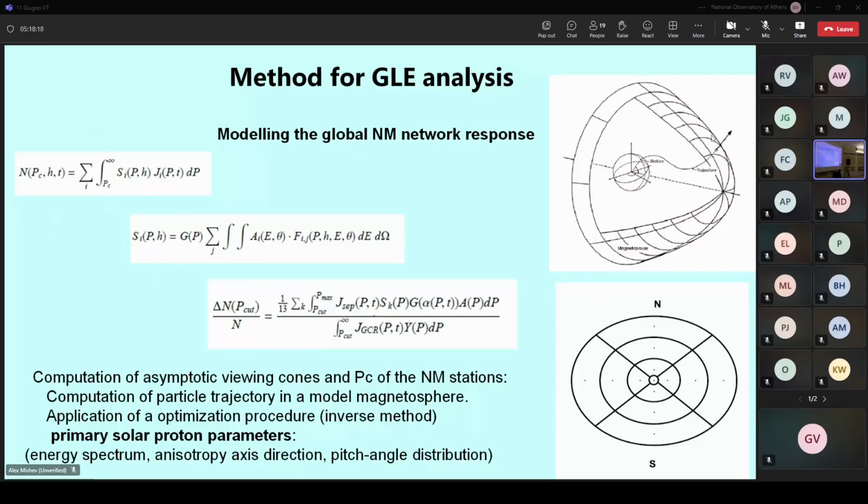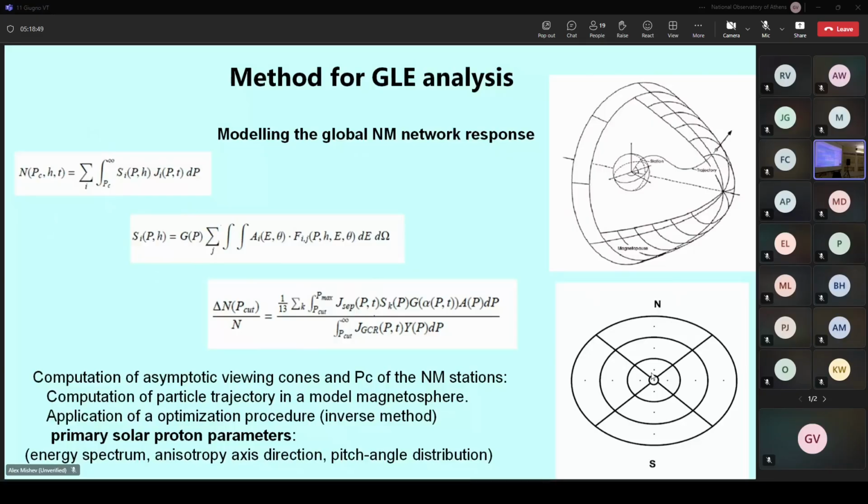So the first step is the computation of the asymptotic viewing directions and cutoff rigidities of each station. We are using a new open source updated magnetospheric tool, which uses a combination of IGRF and one of the Tsyganenko models. And as I already said, for the complicated events, we are accounting 14 different segments of the asymptotic directions.